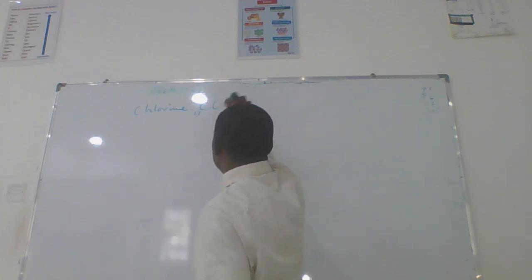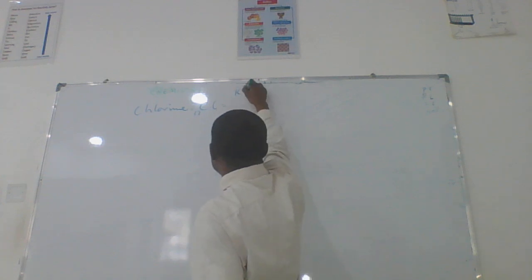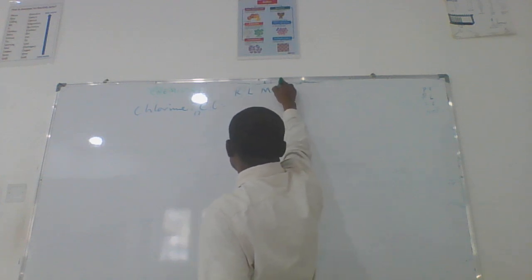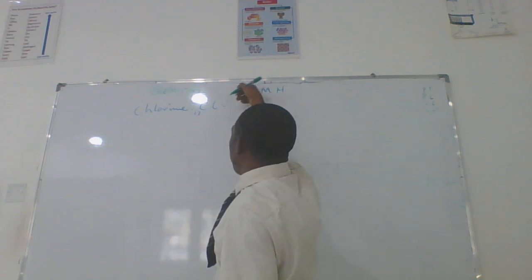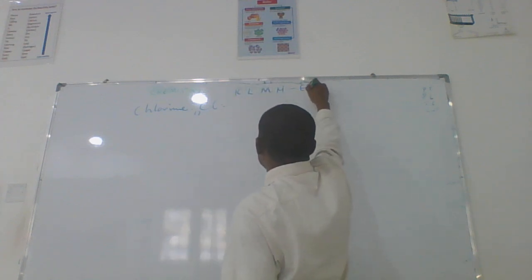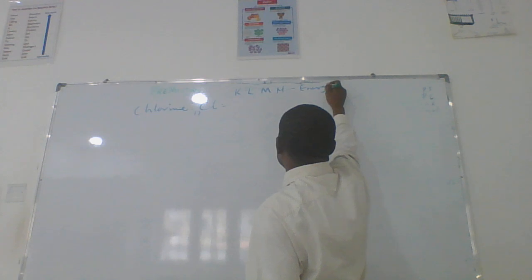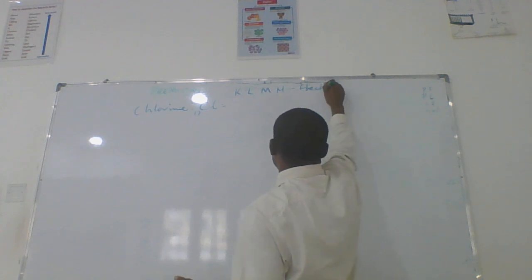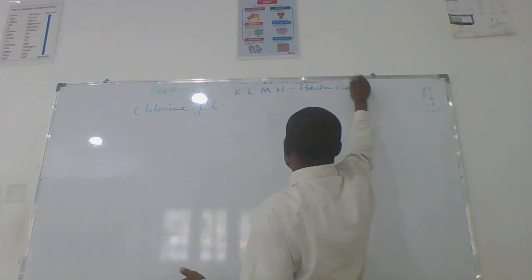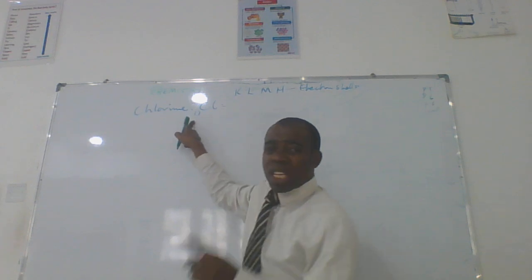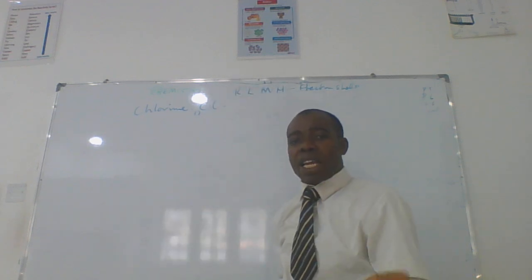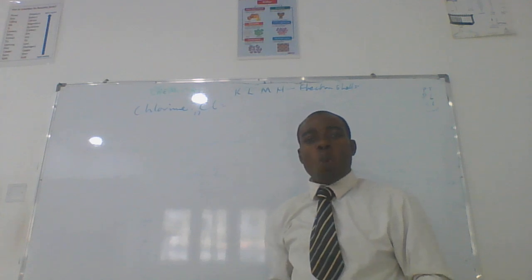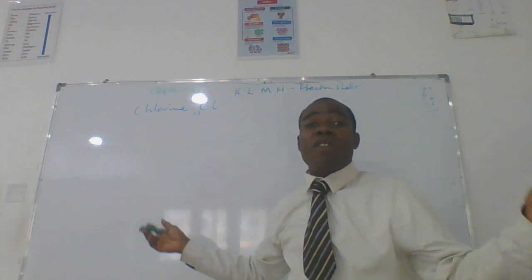Like I told you, don't forget this to guide you: K, L, M, N, the shells, are the energy levels, or the electron shells. So out of 17 electrons, I am going to place 2 under K. Why 2? Why can't I put everything under K?